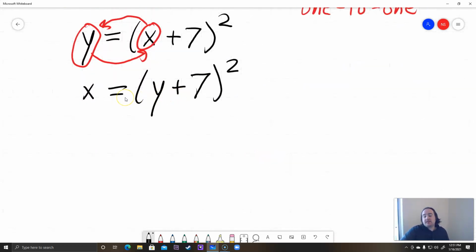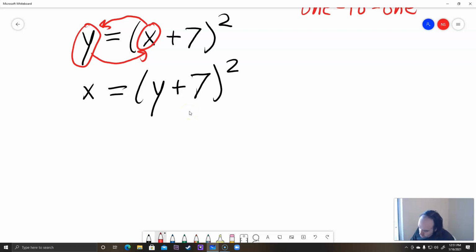So now here, to isolate y, you would not want to square this out using FOIL. That would be a pretty bad idea, because then you would have a polynomial on the right side in y, and it would be difficult to solve for y. So the smart way to solve this is actually to get rid of the square first. And to get rid of the square, the easiest way to do that is to take the square root of both sides. Now for the square root, because it's an even root, we actually have to put a plus minus in front of it after we take the square root.